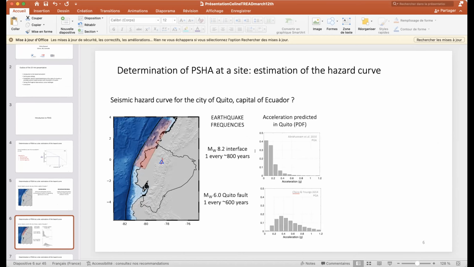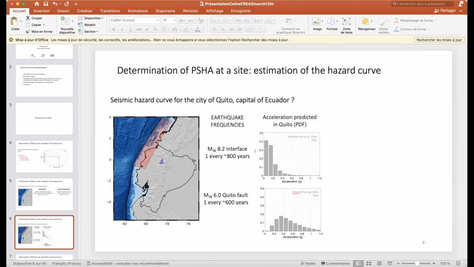So among the earthquakes posing a threat, let's consider, to begin with, these two events: a magnitude 8.2 on the subduction megathrust occurring on average every 800 years, and a magnitude 6 on the Quito fault just beneath the city. So here are the PDF, probability density functions, for the acceleration generated in Quito.